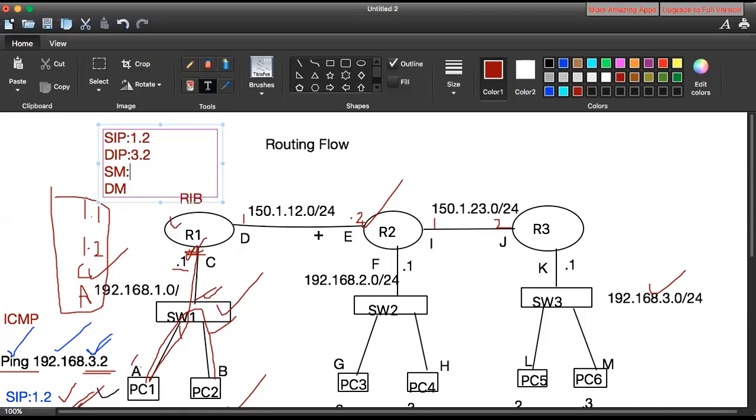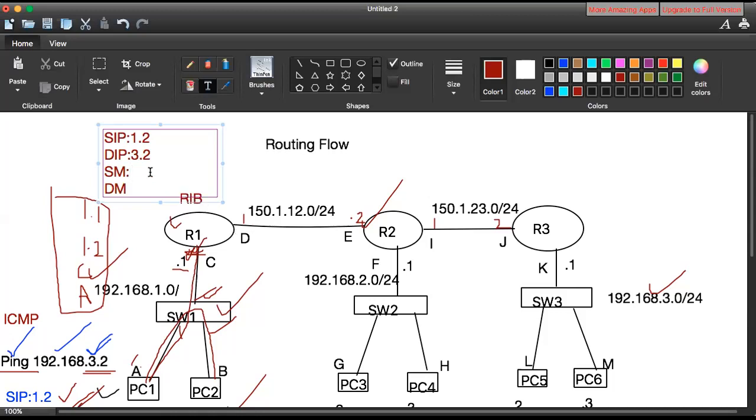MAC address will never ever be sent over the WAN if it is a serial connection and all those. But in case you have an Ethernet connection towards the service provider, in that case you would have the MAC address configured on this interface.